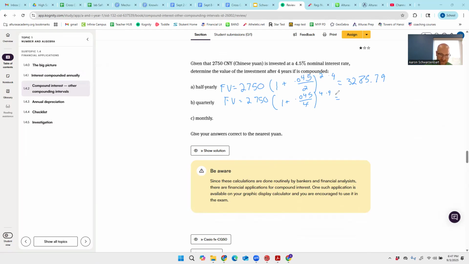And you type it into your calculator, or I'm using a TI Inspire, and I copy and paste and edit. 3,289.04. Didn't even make us $4, compounding quarterly instead of half yearly. I'm changing that K value to 12. I'm not sure how, I'll make a little bit more, but not a lot.